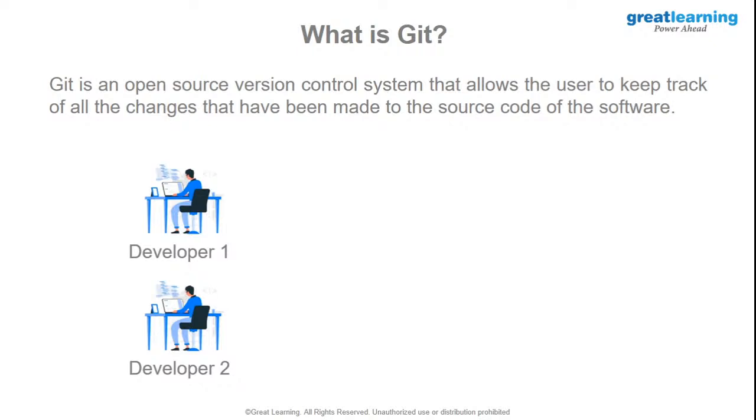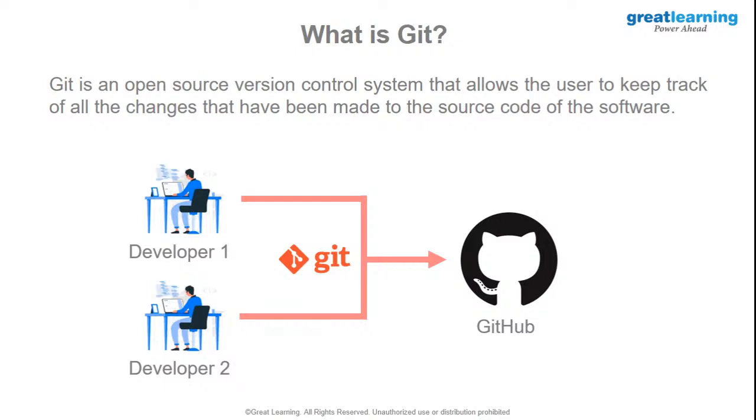So Git helps you track your code, and Git does not work alone. Git works as a two-man team. You have Git and you have GitHub. Let's say there are developer 1 and developer 2. They finish writing the code and they push their code to GitHub. So what is this pushing? Developer 1 and developer 2 will have the code on their local systems, and they'll track it by using the Git tool. The Git tool is the one that does all of the actual tracking and saving of the changes.